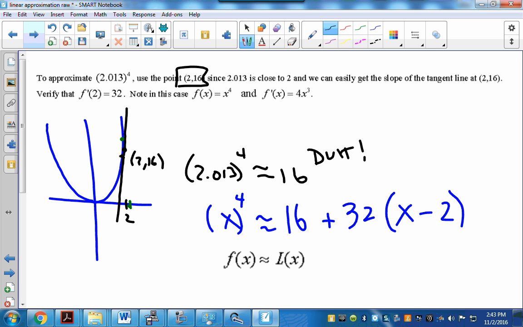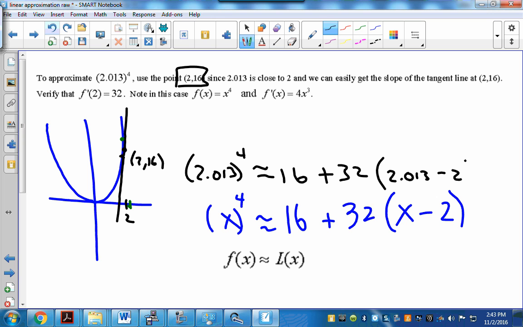But now we have to add something. We have to add 32 times, what am I putting in here? I'm putting in 2.013, take away 2. So that's my tangent line approximation.